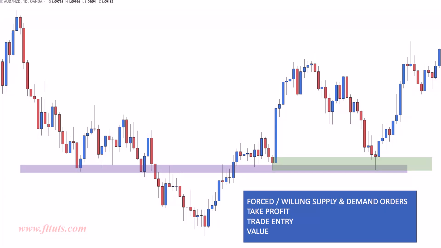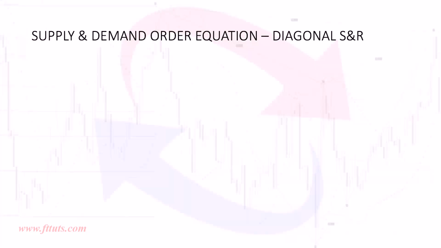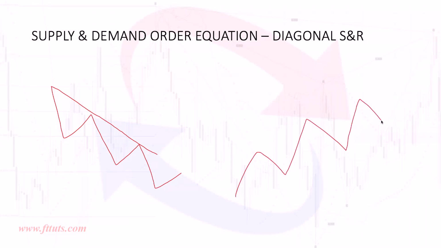So that's covered the horizontal support and resistance, and next we're going to be looking at the diagonal support and resistance. Now, diagonal support and resistance is usually traders that will join lower highs, and they will join higher lows, right?